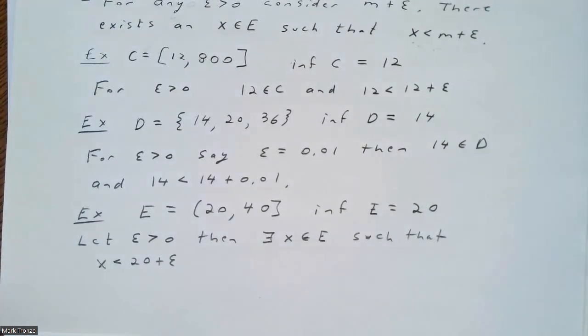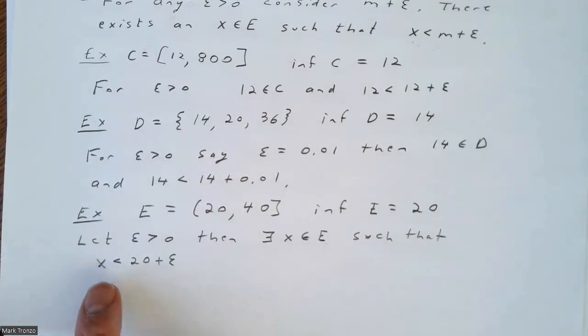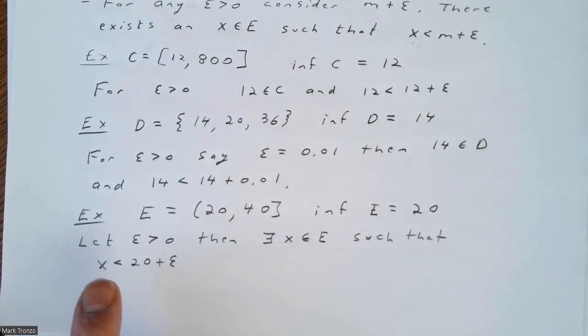So no matter what you add to the infimum, there's always something in the set which is in fact strictly less than the infimum plus epsilon.